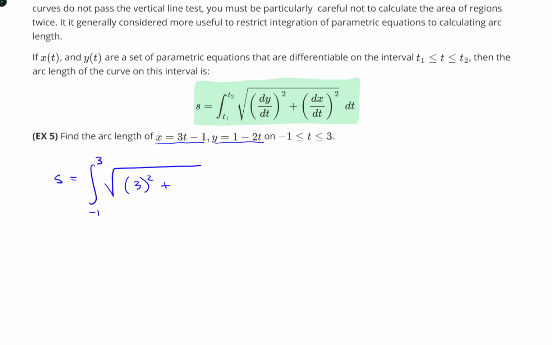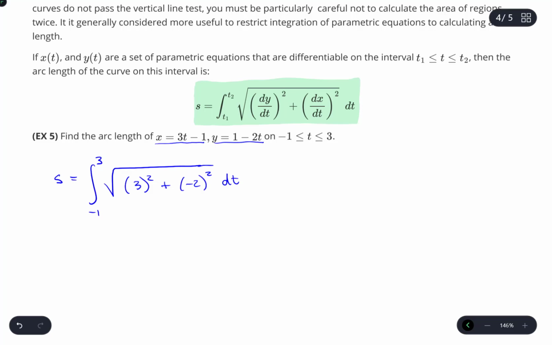I just realized I have dy/dt and then dx/dt. Because it's being added, it doesn't really matter. It probably would have been more proper to write the equation with dx first, just to be in alphabetical order. But that's okay. So the derivative of the y component would be -2, and that will get squared, and then we'll integrate dt.